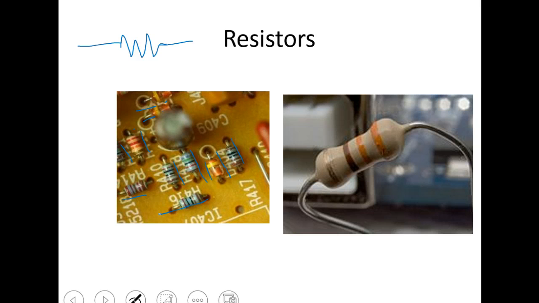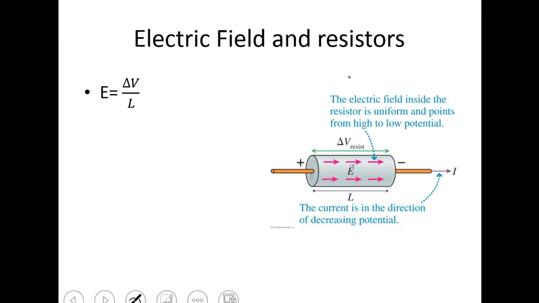They are coded with these little bands on them. And there's a code, if you're in auto tech or aviation maintenance, where those little bands tell you the resistance in ohms of that resistor. It's just a quick and dirty way to figure out the resistance and what's going through your circuit.